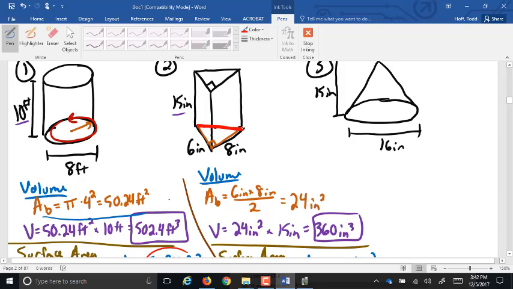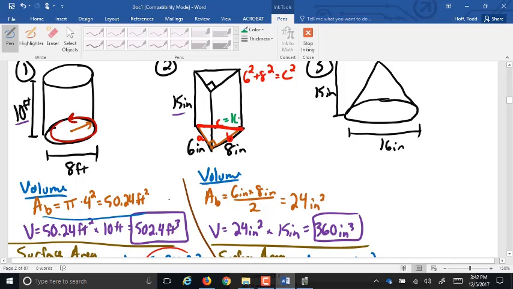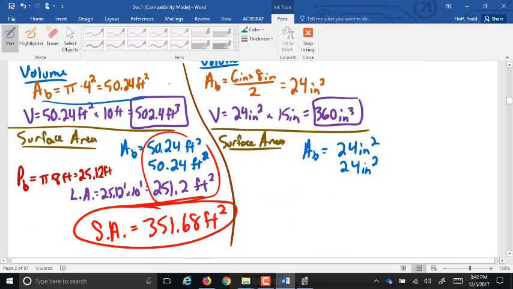Well, since that's a right triangle, there's going to be A, B, and C. 6 squared plus 8 squared is going to equal C squared. If you work that out, it comes out to C equals 10 inches. So that perimeter of the base is just 6 plus 8 plus 10, or 24 inches.